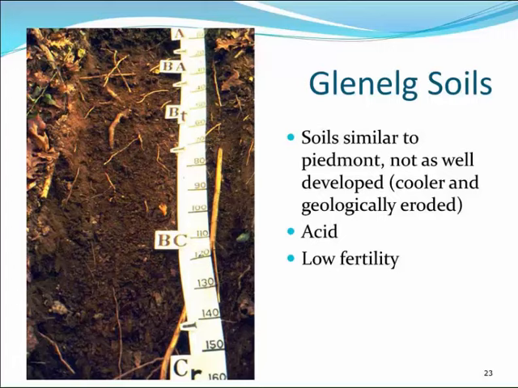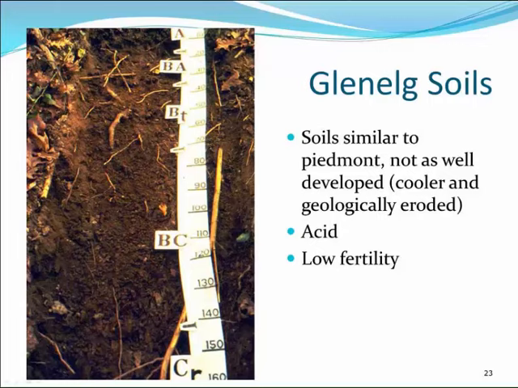But if it is amended with lime and fertilizers, then it has a pretty good capability of being used for numerous types of crops. Natural fertility would be low, but the ability to hold on to nutrients would be better than the soil that formed over the sandstone, but not as good as the limestone soil.